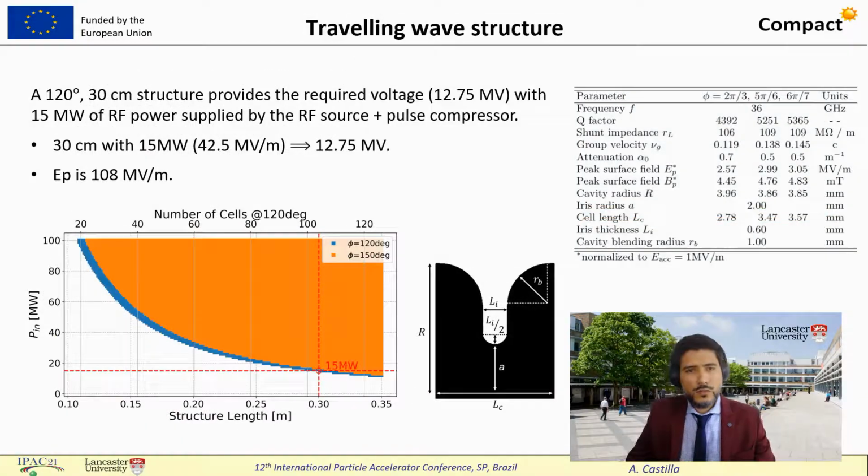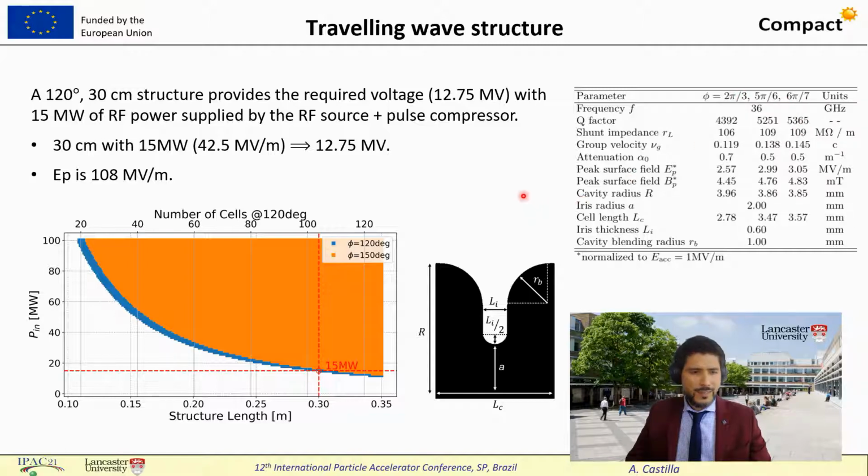Passing to the structure design, we see first an option for a traveling wave structure. It's a constant impedance cavity, and here you can see a diagram that represents all the geometrical parameters, and I have listed in this table both the geometrical parameters and the figures of merit for different phase advances, starting with 2π/3 up to 6π/7.